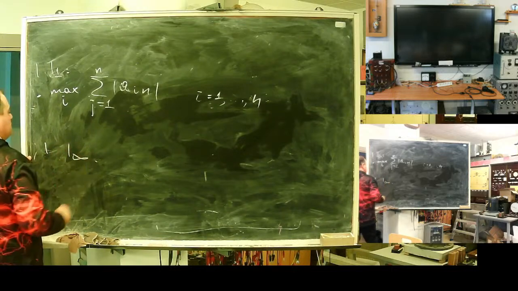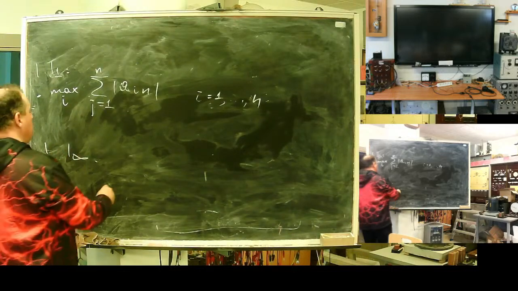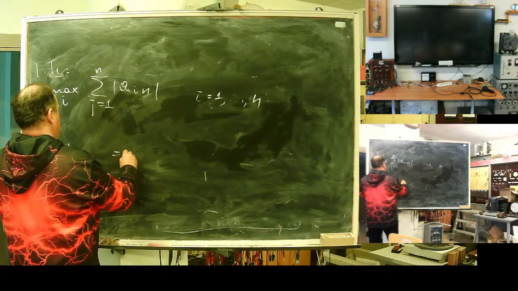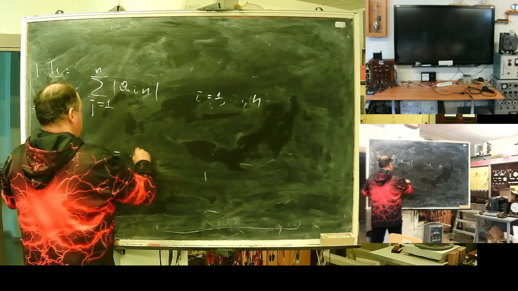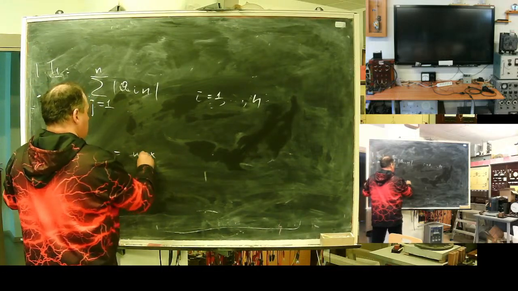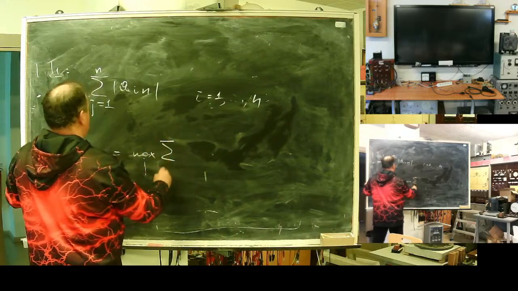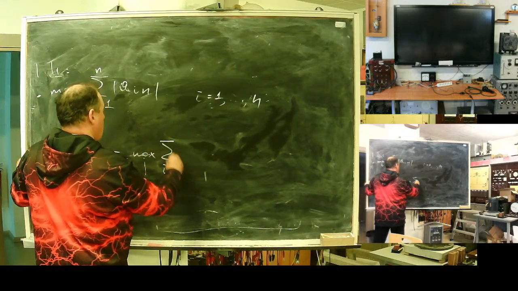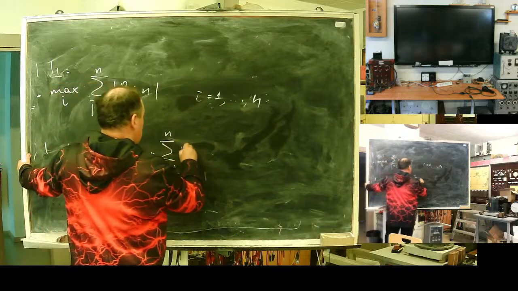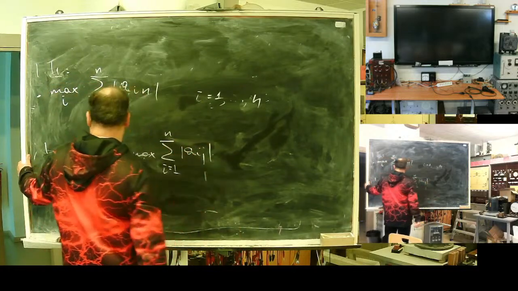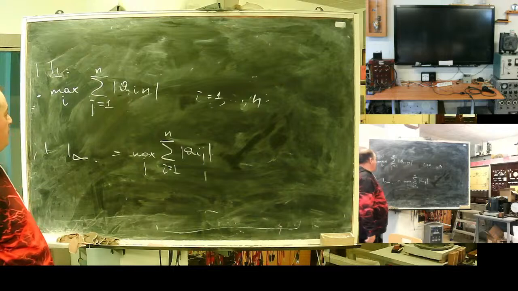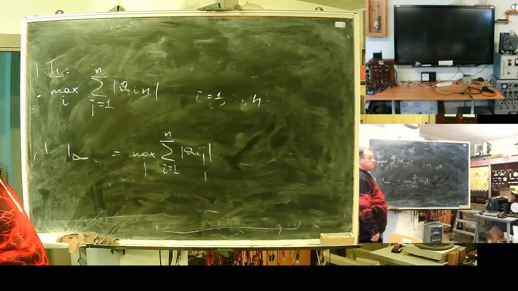I can assume infinity. It will be marked by infinity: the sum over j from 1 to n of a_ij. This one will work.